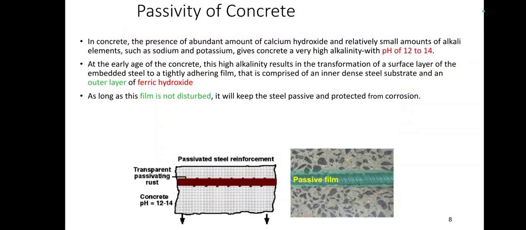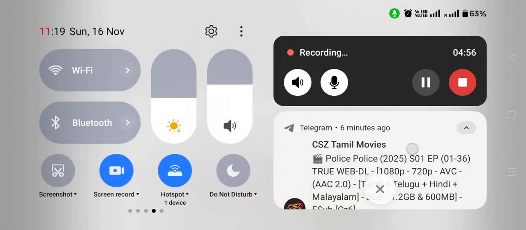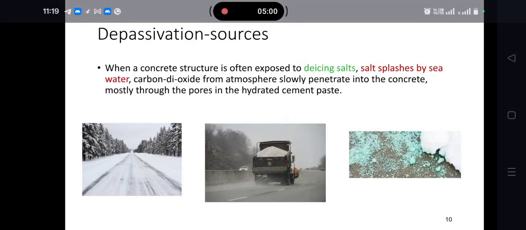You all know this calcium hydroxide is a waste material, a white powder which is filled in between the pores. So it will fill in the pores and it won't have any reaction capacity. Before entering into the actual concept, we should know about this passivity.